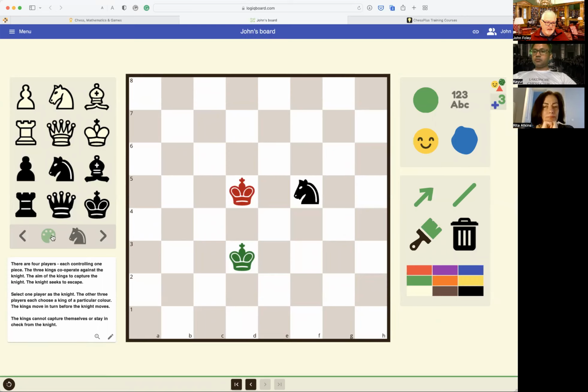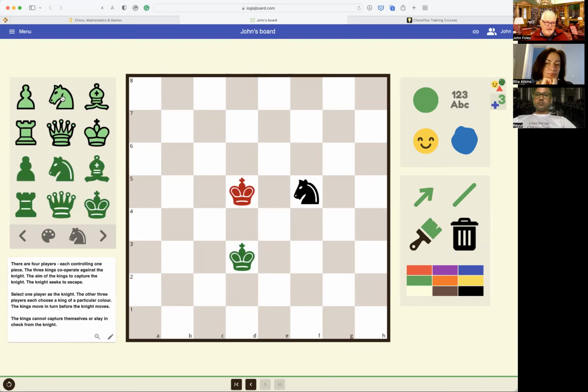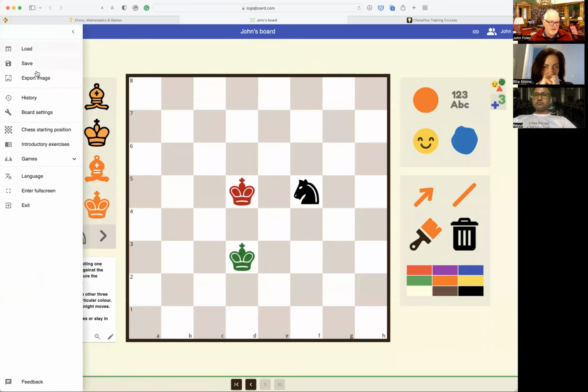How do you change the color of a king? Well, you have a palette here. So this is green at the moment. I could change it to blue, I could change it to orange and so on, using the color palette on the right-hand side. Okay, actually, anyway, this is leaving the world of chess far behind us now. We'll move on to games of a different nature. So strategy games.